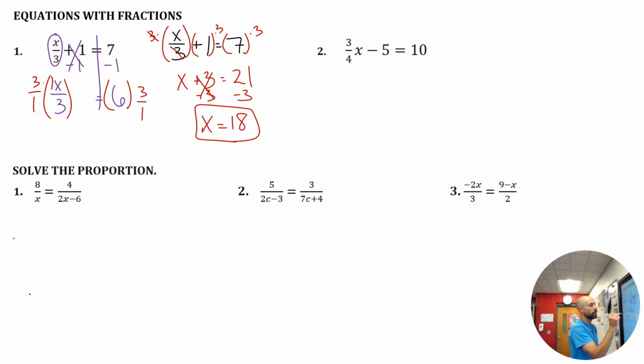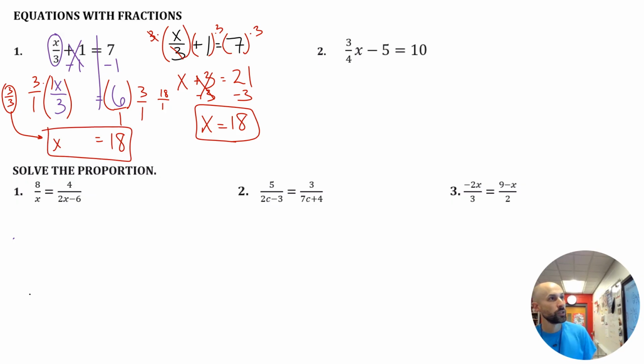Because 3 times 1 is 3, 1 times 3 is 3, 3 over 3 is just 1. So that turns into 1x. On the right-hand side, I have 6 times 3 is 18, 1 times 1 is 1, 18 over 1 is just 18. So once again, that hidden 1 doesn't need to be written, x equals 18. So 2 ways to do the same question.